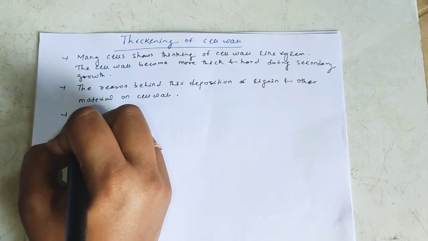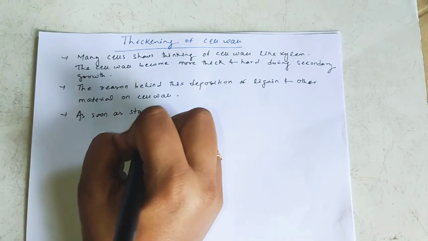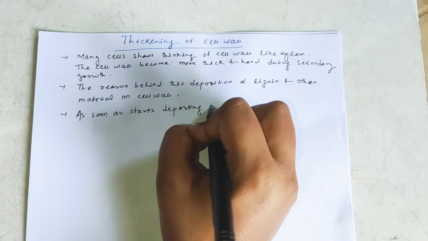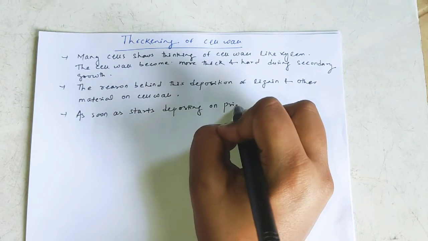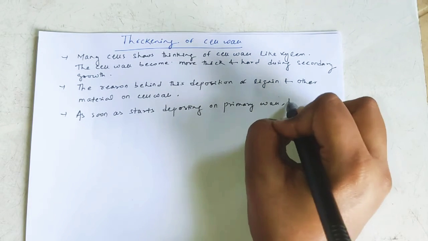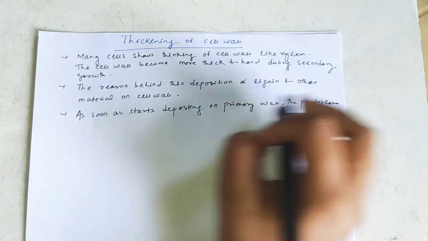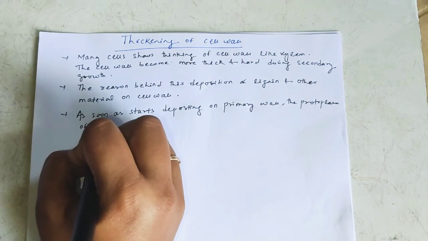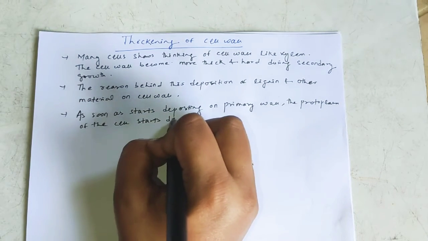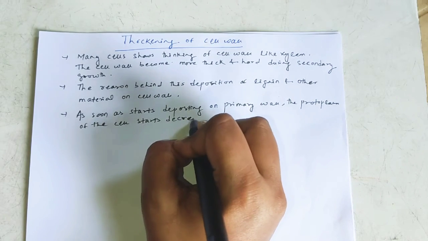See, as soon as lignin starts depositing on where? Primary cell wall, the protoplasm of the cell starts to what? Decreasing.